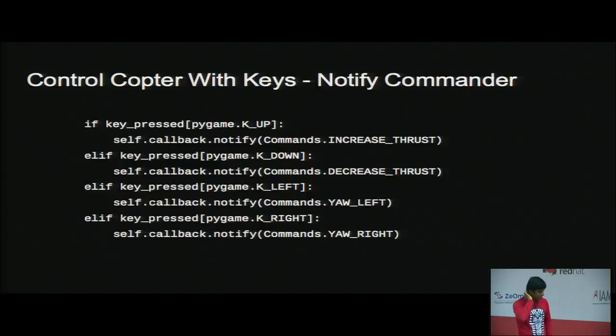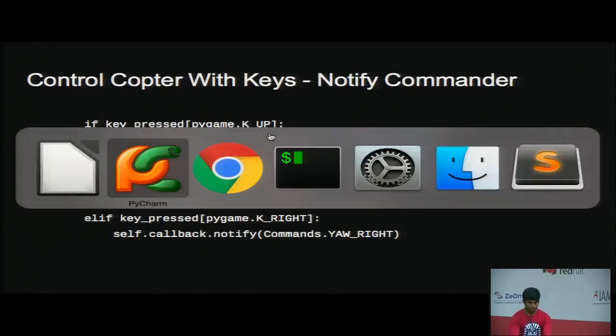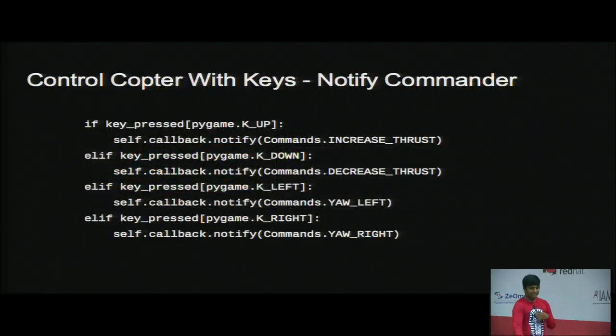For this part, I've used just Pygame. It can be replaced by anything. This Pygame handles the key events, so whenever you press a key, you can do something on it. In this case, if key up is pressed, I'm sending increase thrust, and if it is down, decrease thrust.